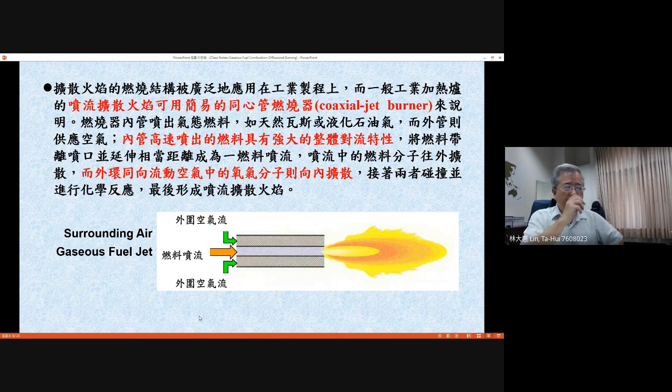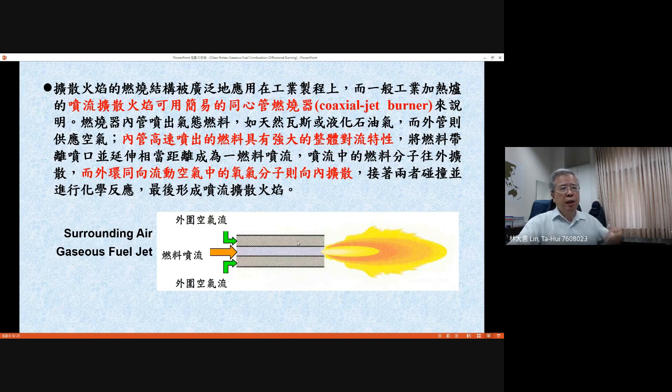In the beginning, we think about using gaseous fuel and injecting it into the combustion chamber in a way very similar to jet injection. For real applications in industry, they will inject gaseous fuel jets along a single tube, but usually accompanied by surrounding air coming out. We call this a so-called coaxial jet burner.